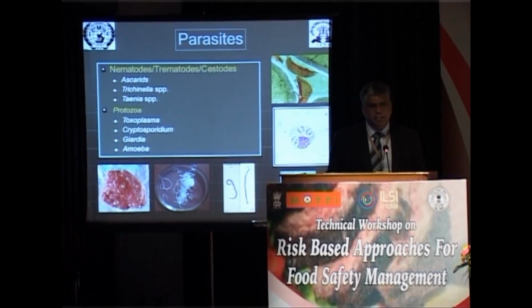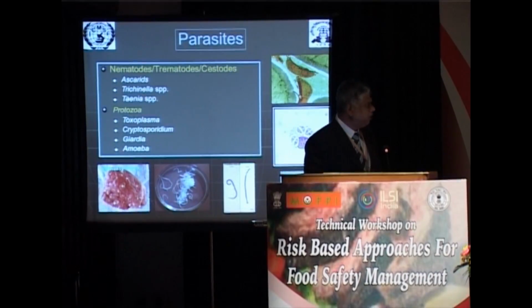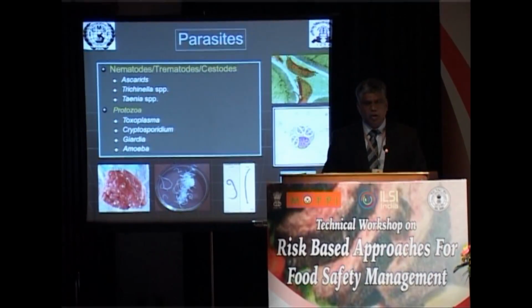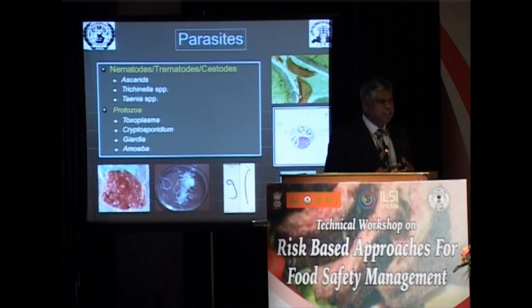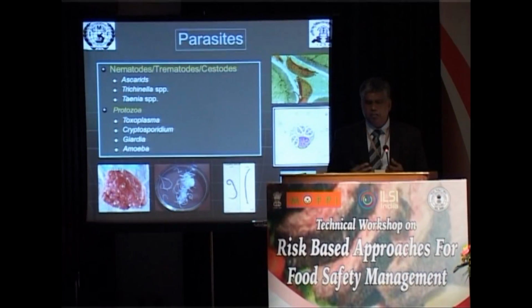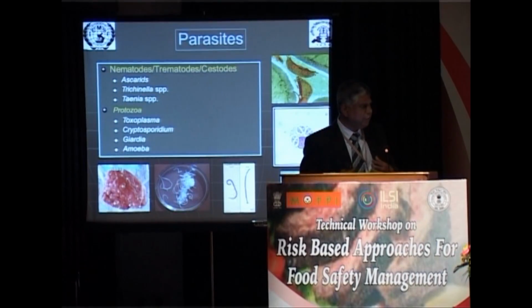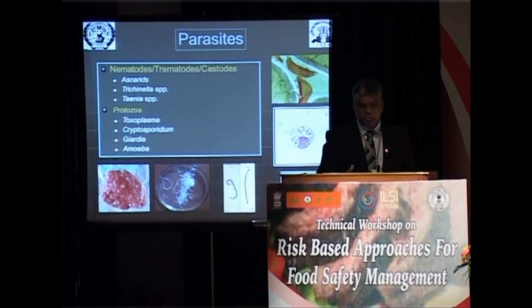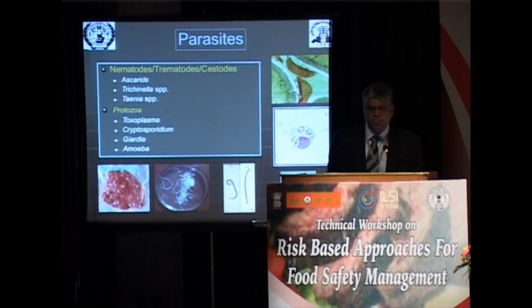One of the most neglected groups in foodborne pathogens is the parasites. Although they cause many diseases in India, and we have parasitic infestation in many human beings, it is the most neglected area. We know there are several roundworms, that is nematodal parasites, then flatworms and tapeworms, which cause disease.